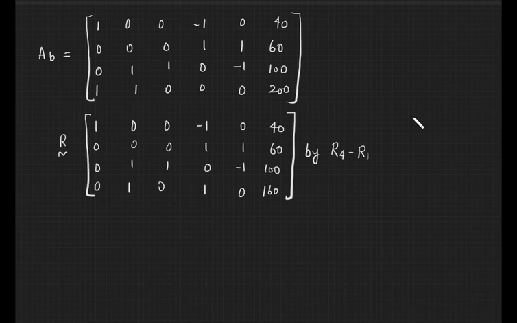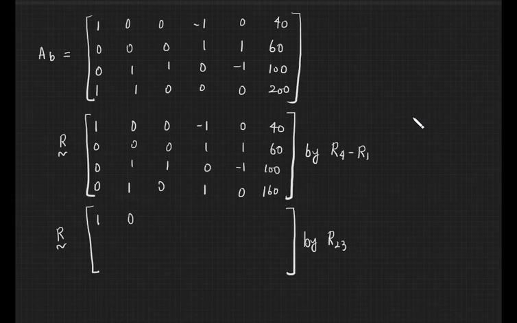If we want the pivot element of the second row to be here, we can interchange the second row with the third row, or we can interchange the second row with the fourth row. So let's interchange the second and third rows by writing the elementary row operation R2 and R3. R1 will remain the same.